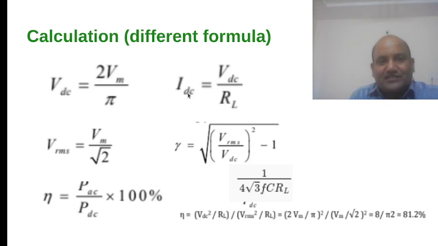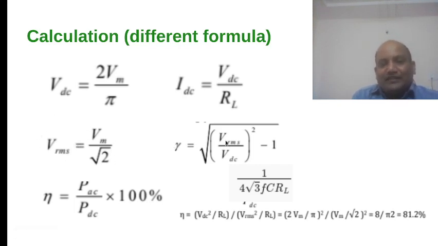Here IDC is equal to 2Im divided by pi, or you can simply calculate IDC from this relation, both results will be the same. And Vrms is equal to Vm divided by root 2, and this is obtained by the root of 1 by T, integral from 0 to T of Im square sin omega t dt. That is the formula for Vrms and Irms.